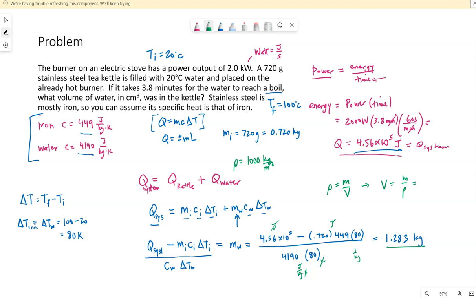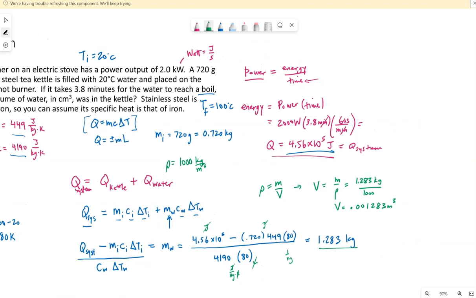So 1.283 kilograms over 1,000 kilograms per cubic meter is 0.001283. This would be meters cubed.